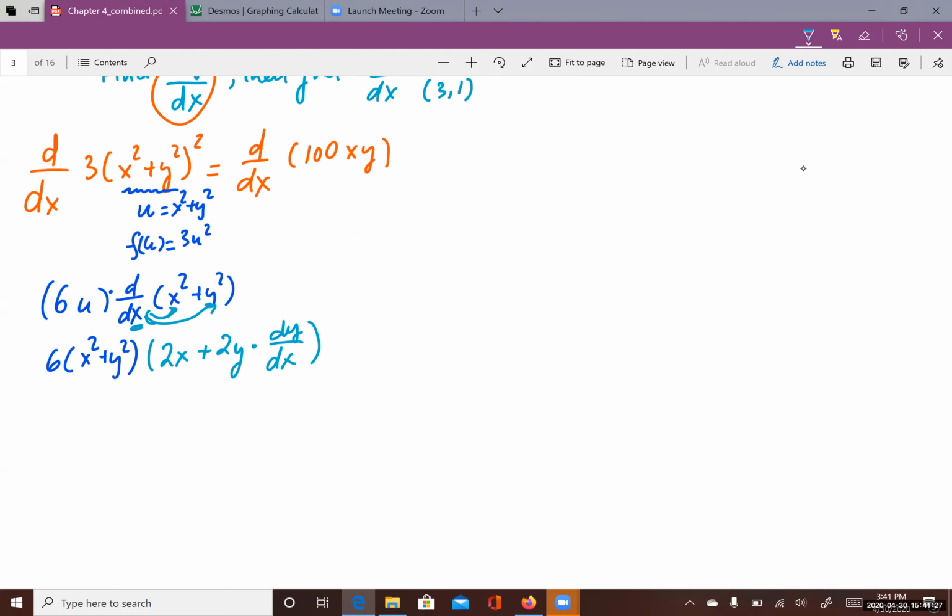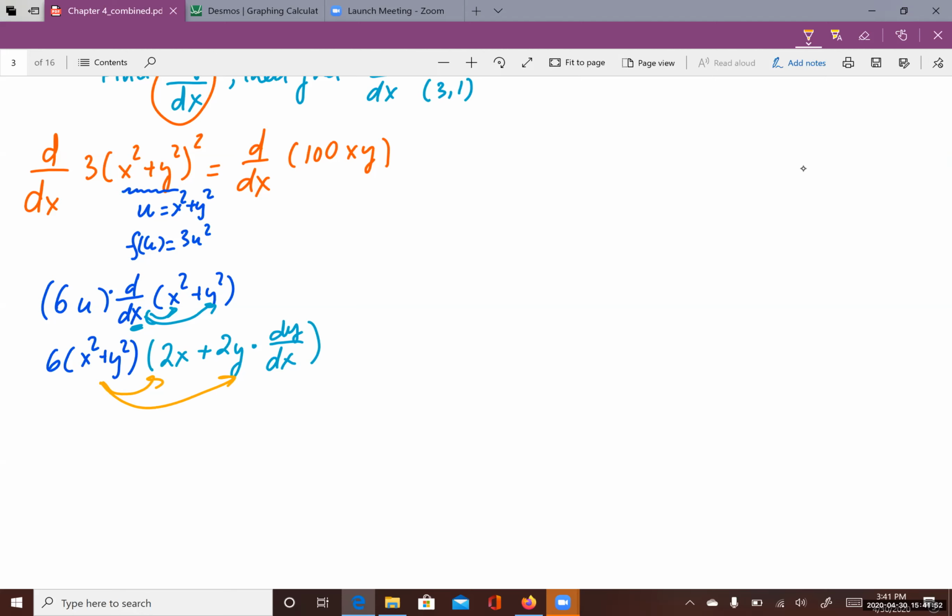Now, the next step is, since you have dy over dx in the parentheses, at the end of the problem you need to pull the dy/dx out, and you want to combine all the dy/dx terms together. So that's why I want to do it now. I want to distribute 6(x squared plus y squared) into these two terms.